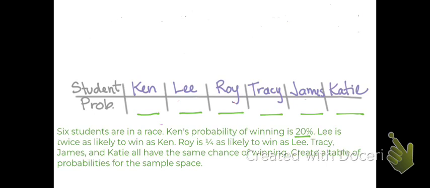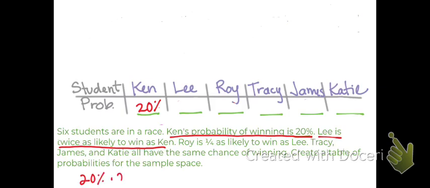It says Ken's probability of winning is 20%. Lee is twice as likely to win as Ken. So we take 20% and we multiply it by 2 because they're 2 times as likely. Roy is 1/4 as likely to win as Lee.